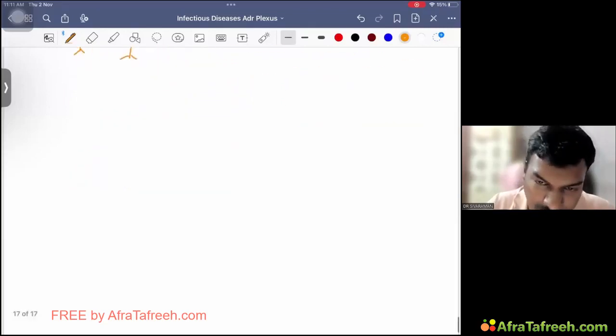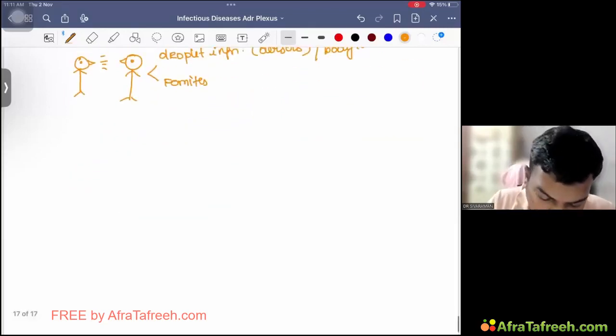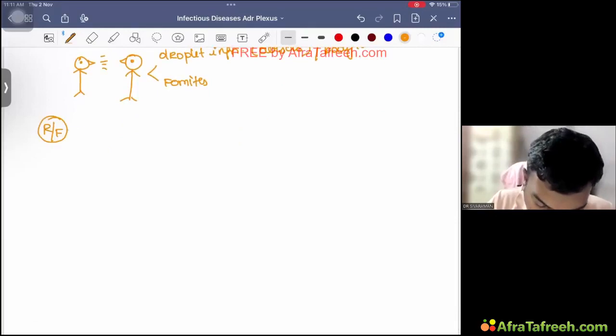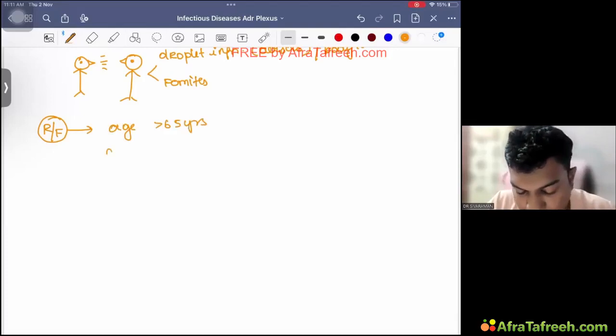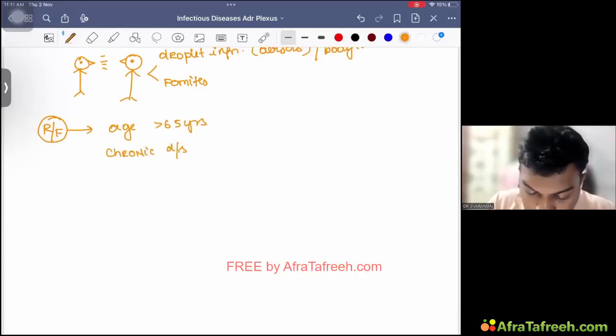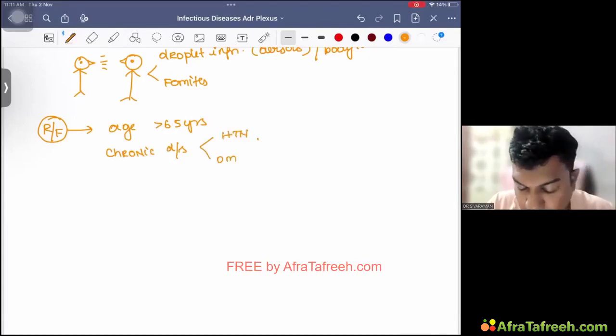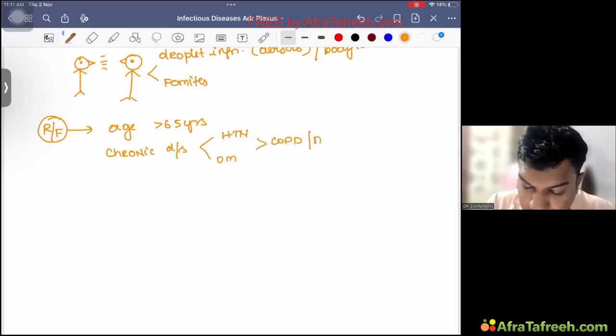What are the risk factors? Risk factors for COVID are age of the patient more than 65 years, having chronic diseases like hypertension and diabetes, COPD, renal failure. All these are risk factors.